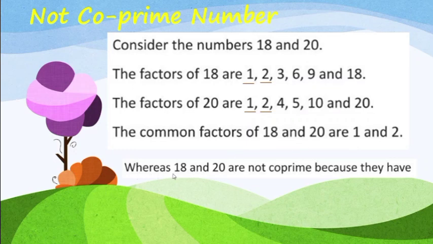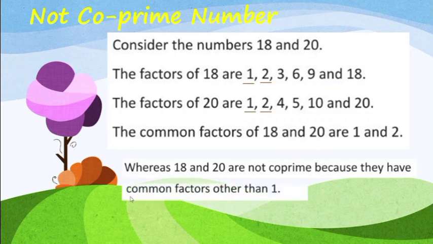They are not co-prime numbers because both have a common factor more than one. More than one means an extra common factor other than one is coming. So here 18 and 20 are not co-prime numbers.